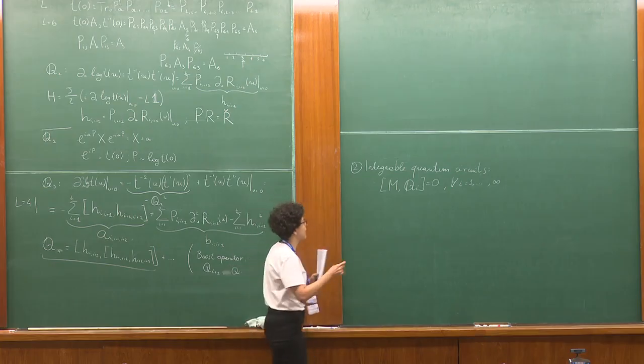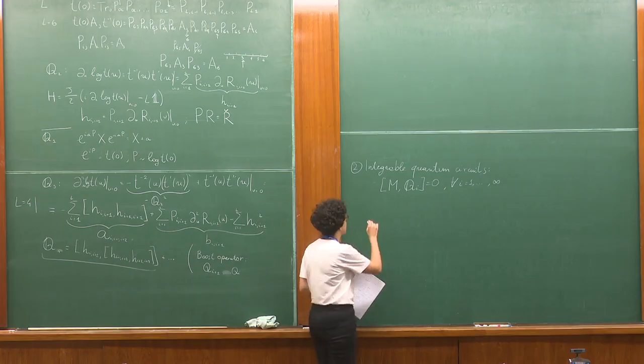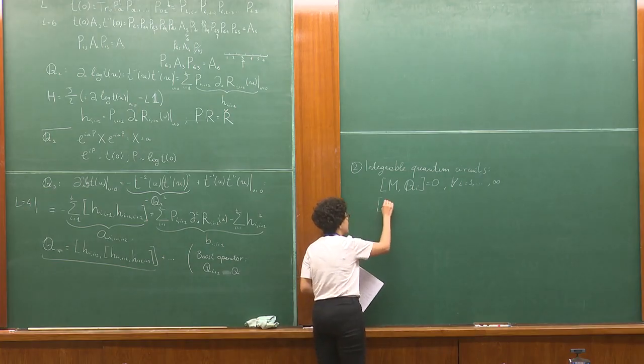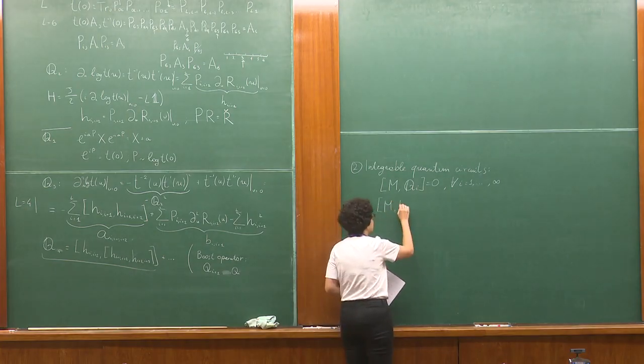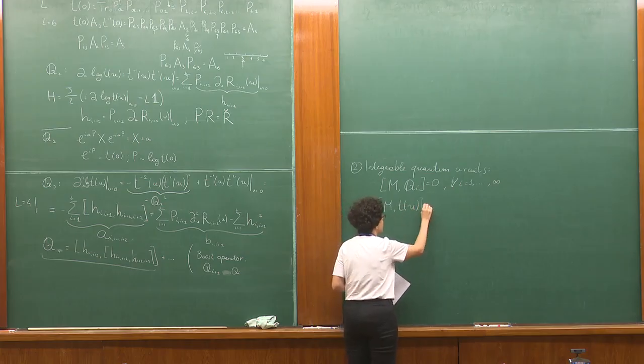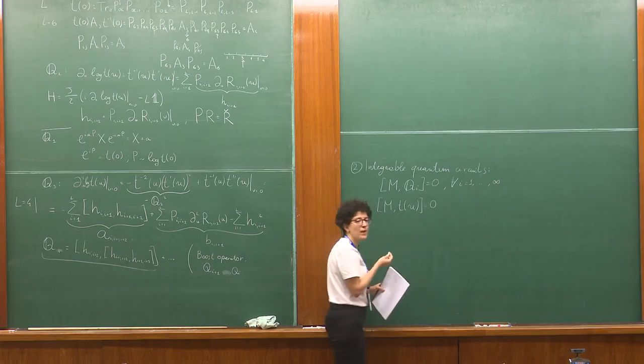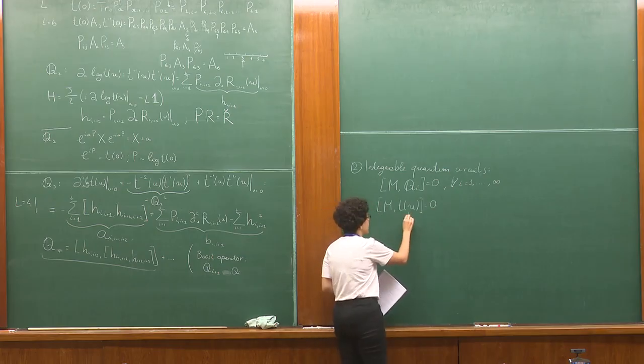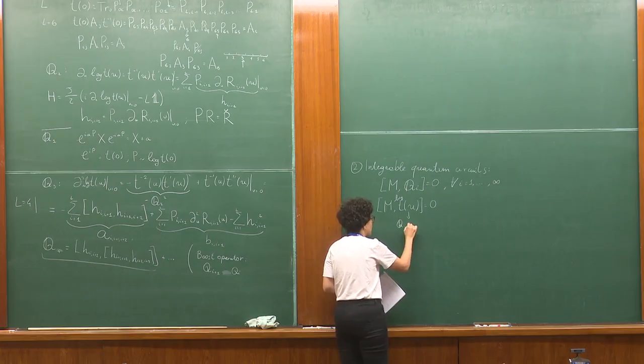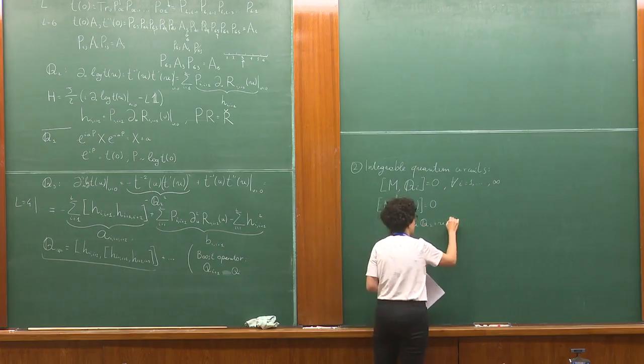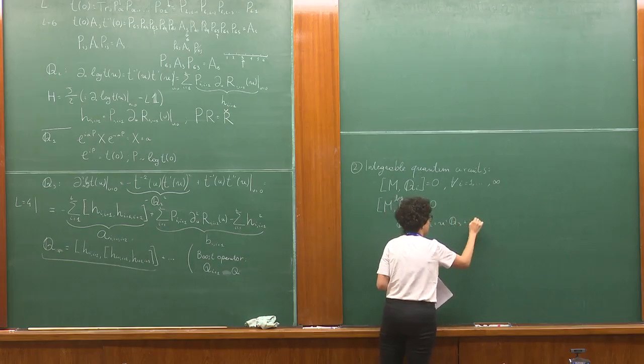The idea is that if M commutes with T(U) in some way, then we are done, because we can expand T(U) or log of T(U) as Q1 plus U Q2 plus U squared Q3, and so on.